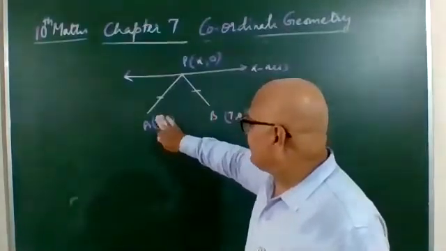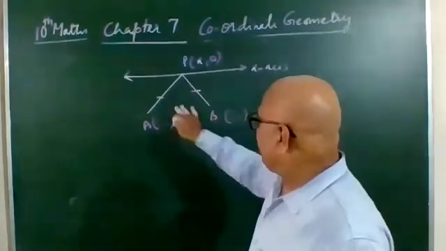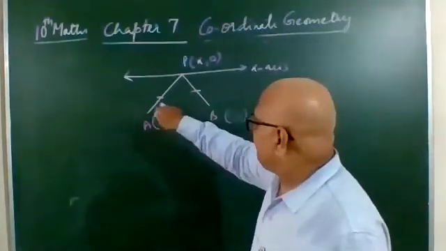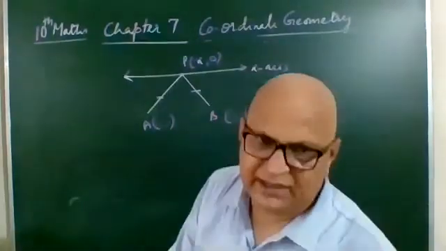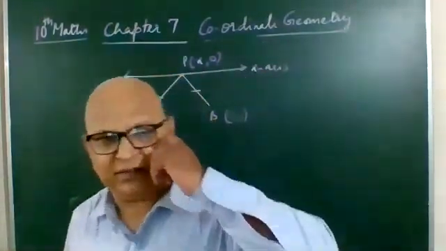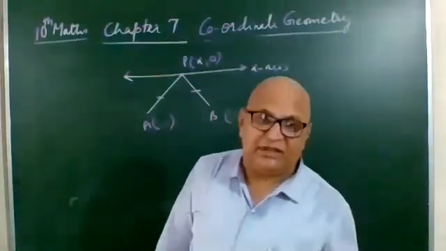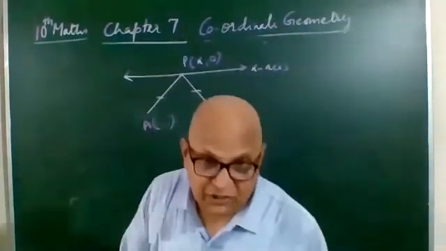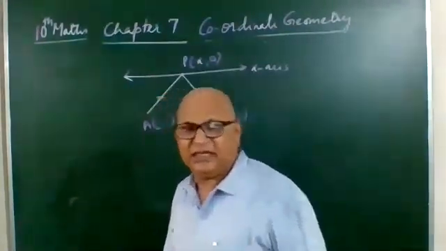But if it is not given, you can take A and B on the same side, or on either side of the line, left and right. But if it is given (5, 0), then that point lies on the x-axis.